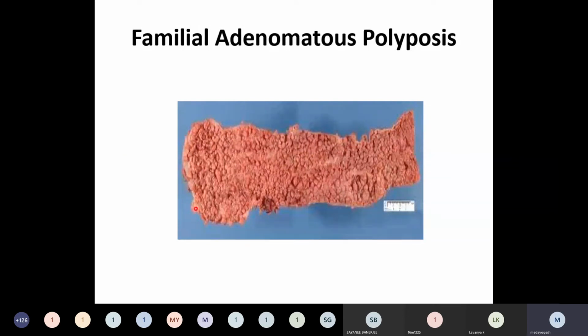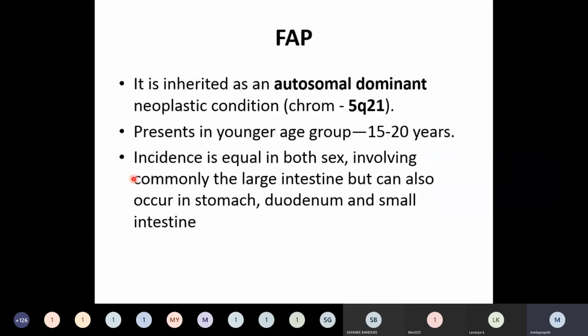In this picture you can see that the whole of the colon is studded with innumerable polyps, sometimes countless. Usually the term FAP is used when we see more than 100 polyps in a patient who has familial predisposition.